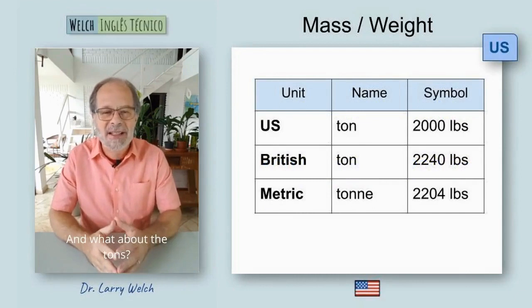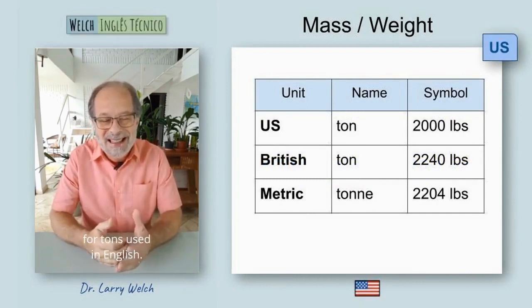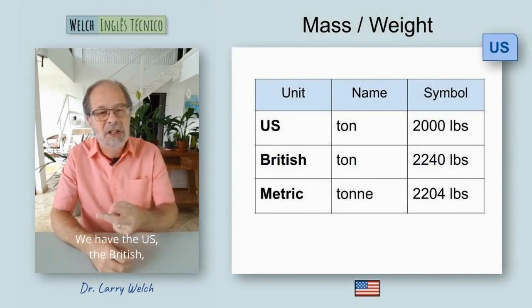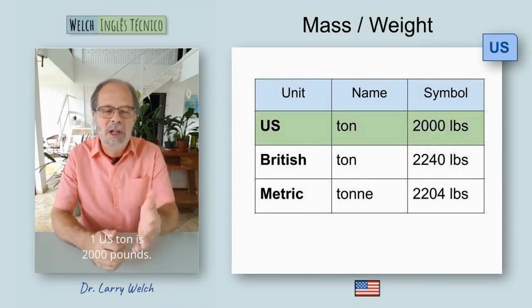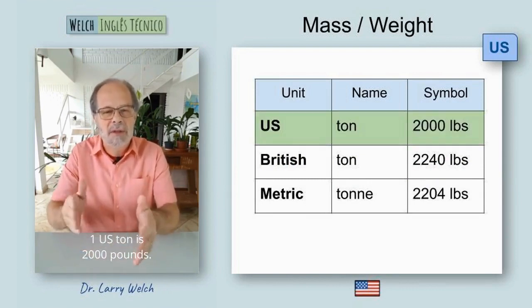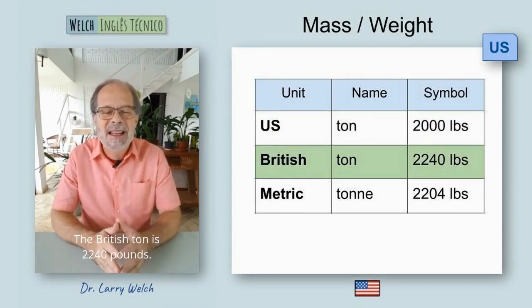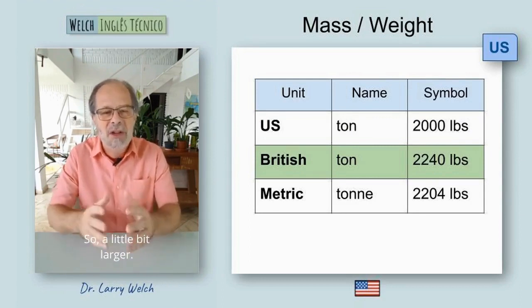And what about the tons? Well, there are 3 different units for tons used in English. We have the US, the British, and the metric ton. The US, we just saw, 1 US ton is 2,000 pounds. The British ton is 2,240 pounds, so a little bit larger.